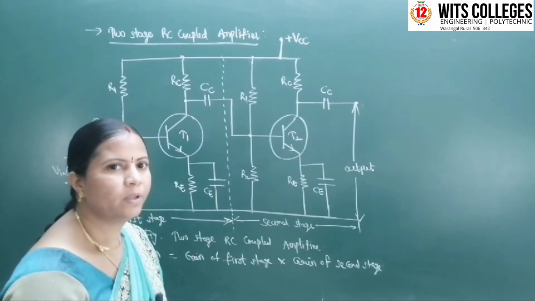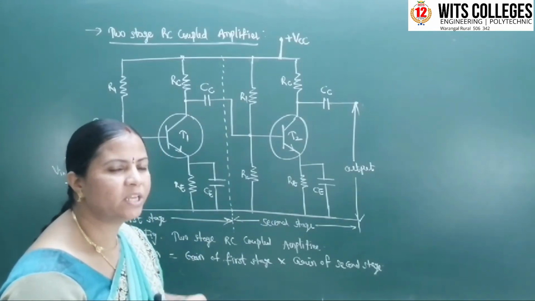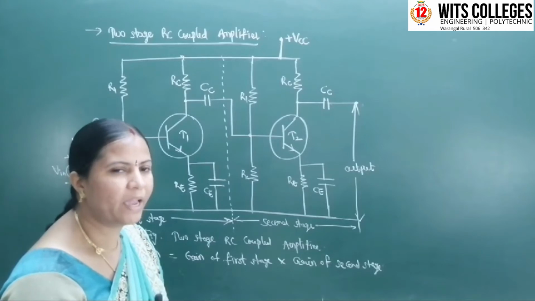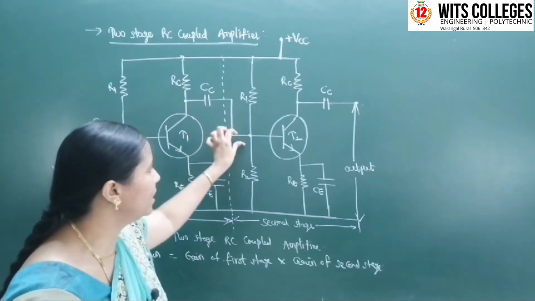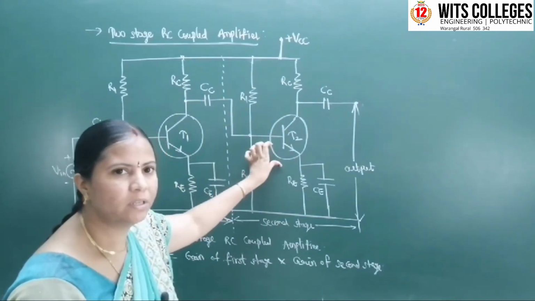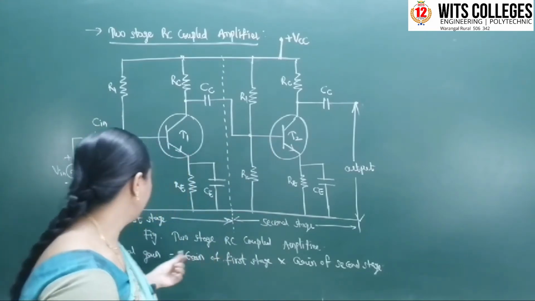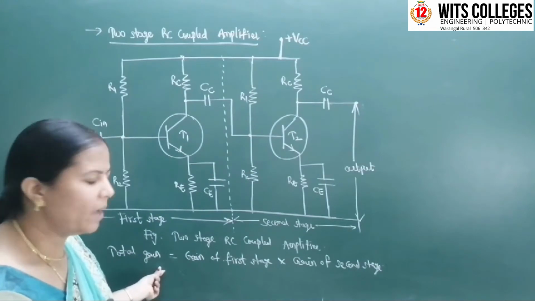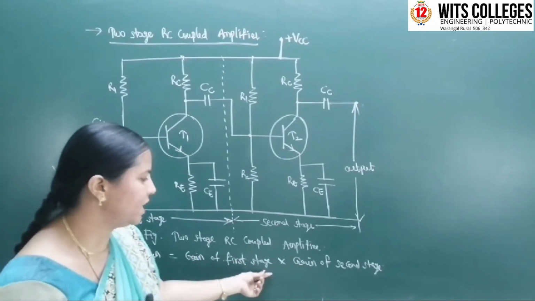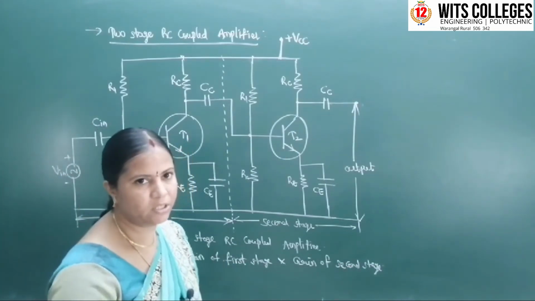That means the amplification is done two times. Again the amplified signal goes to the second stage amplifier. So the overall total gain of the amplifier is equal to the gain of the first stage and the gain of the second stage.